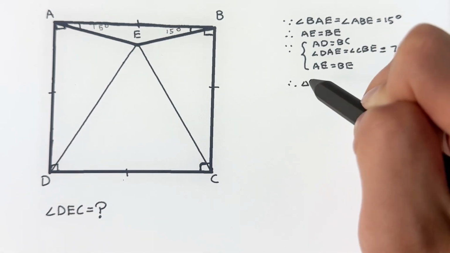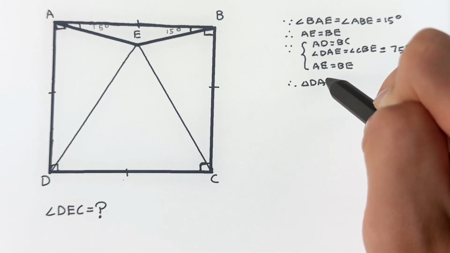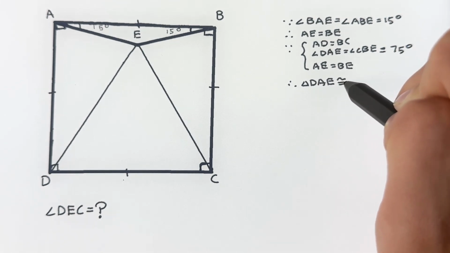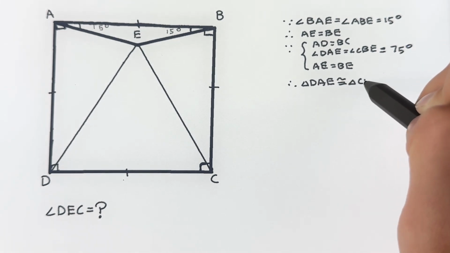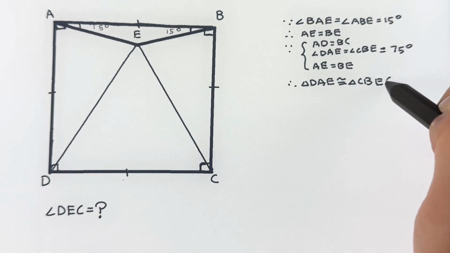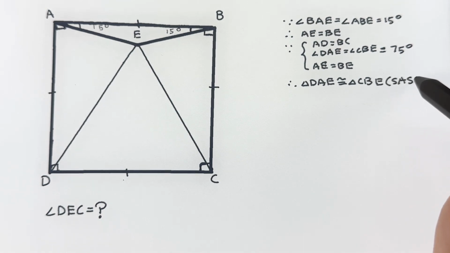So triangle DAE is congruent to triangle CBE by the SAS congruence.